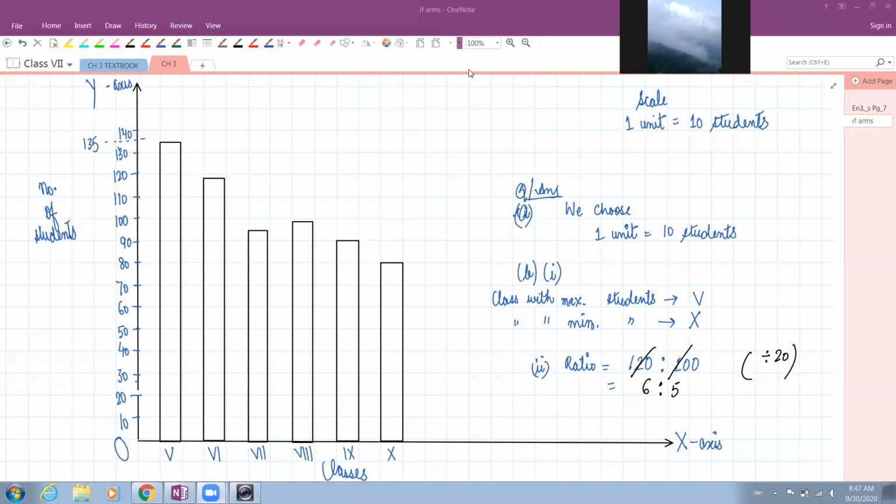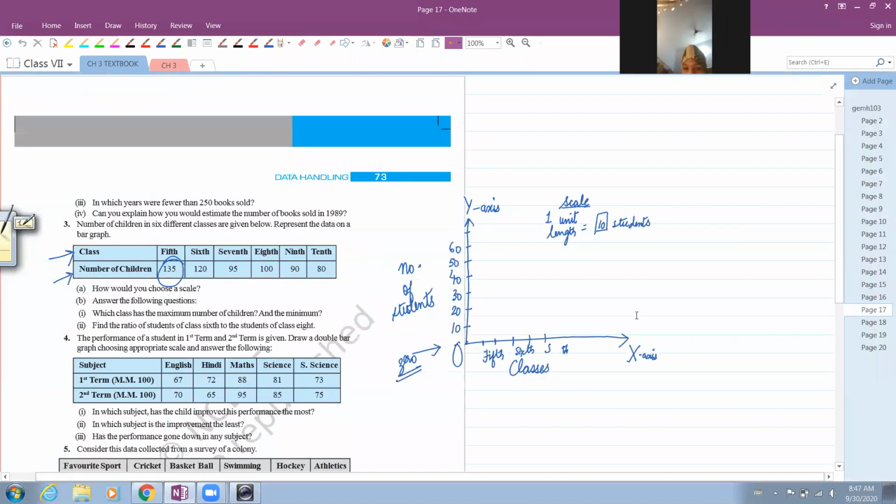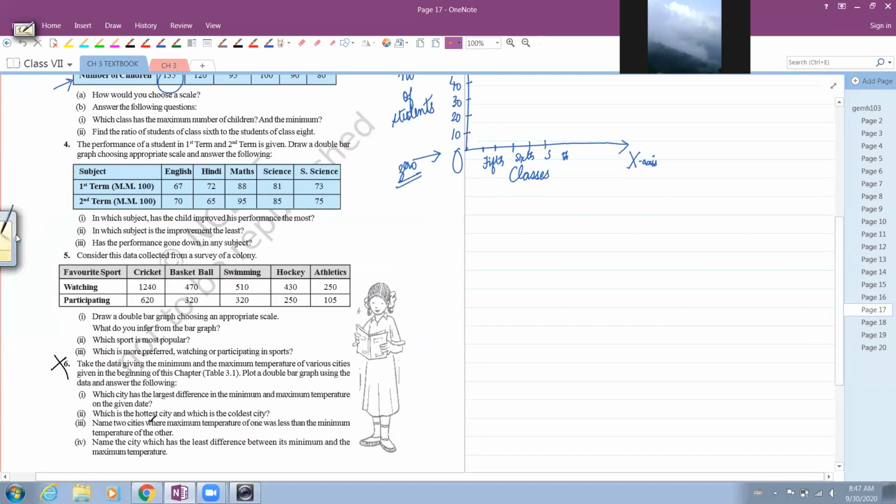आपने जितनी भी क्लासेस के लिए रेक्टेंगल्स ड्रॉ किए हैं, आपने सिंगल रेक्टेंगल ड्रॉ किया है. नाउ देयर आर क्वेश्चंस वेयर वी ड्रॉ two rectangles for each of the information given to us. Now, if you look at question number 4 in your book, you will see the performance of a student in first term and second term is given. किसी student के marks दिए हुए हैं 5 subjects में और वो first term और second term के दिए हैं.